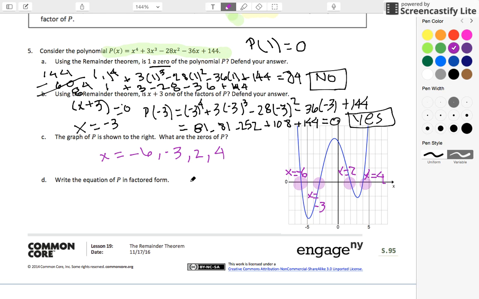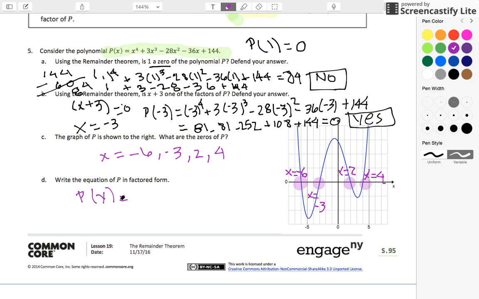Then it says write the equation of p in factored form. So we're going to write p of x, a possible equation here.